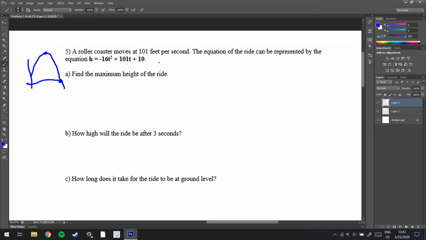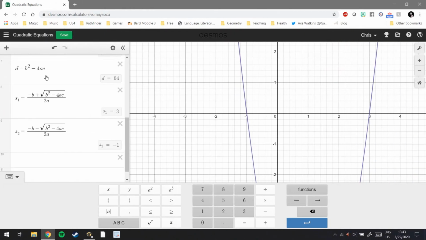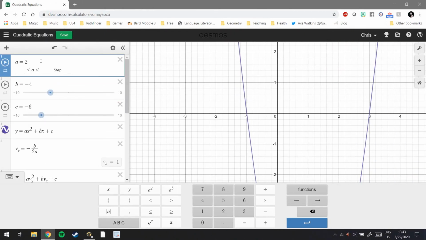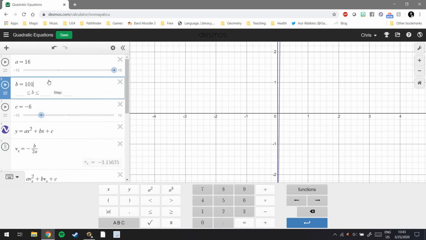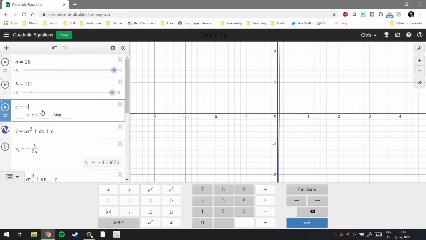For here, again, let's just go and find our ABC values. So A equals -16, B equals 101, C equals 10. Type in -16, type in 101, type in 10.